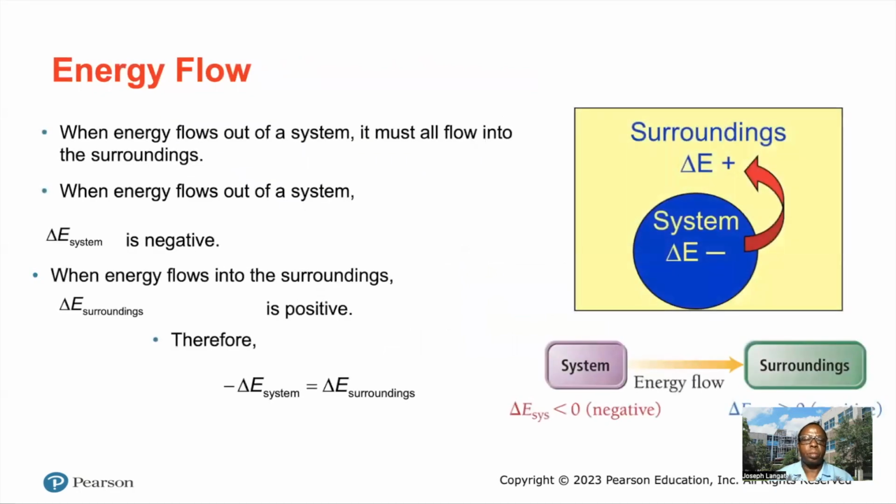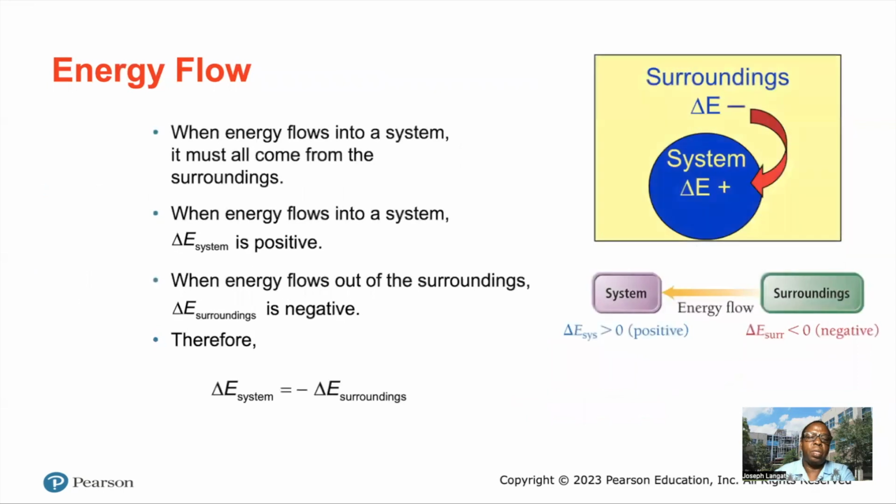So either energy flows out of the system to the surrounding. See the system, this is the surrounding. The change in internal energy for the system is negative, whereas for the surrounding, it is positive. There is a relationship between the two: the surrounding is gaining.